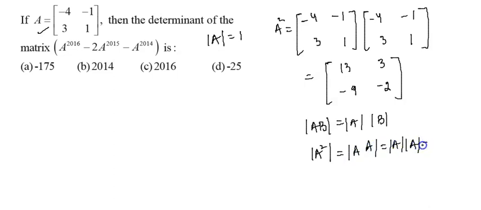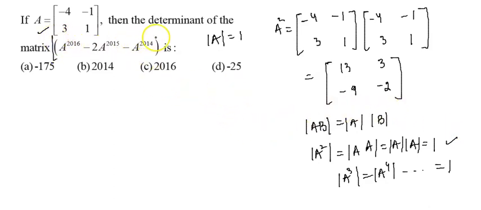But we know the determinant of A is 1, so it will be 1. In this way we can say determinant of A cube, determinant of A to the power 4, all these determinants will be 1 only, because determinant of A is 1 here. Now we need to find determinant of this matrix.